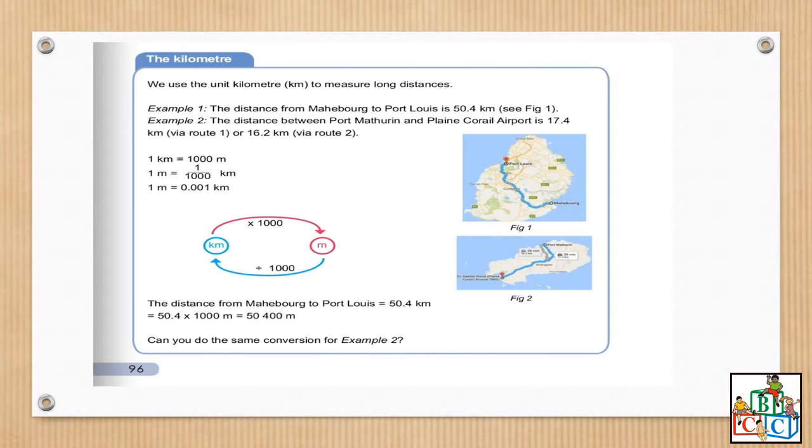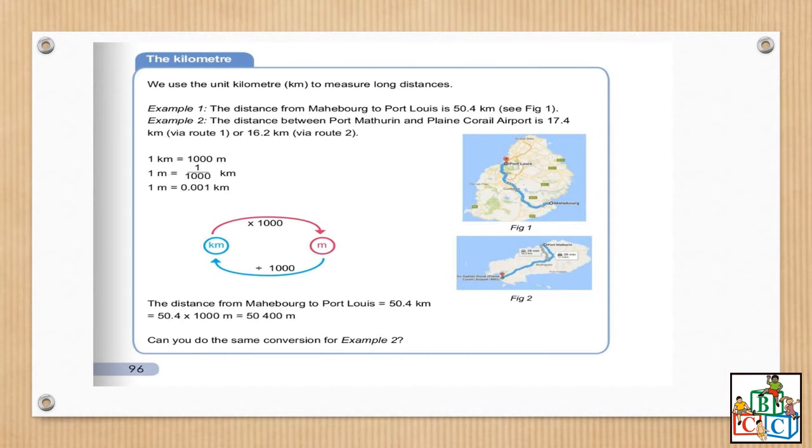As you can see in figure 1. The second example, the distance between Port-Mathurin and Plaine-Corail Airport is 17.4 kilometers for the first route, and for the second route 16.2 kilometers.